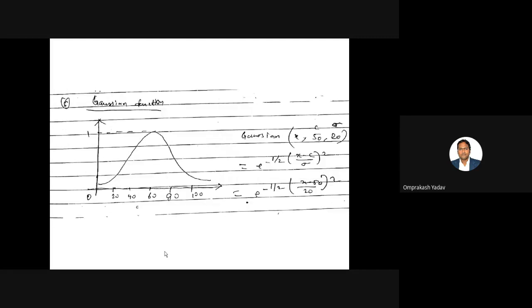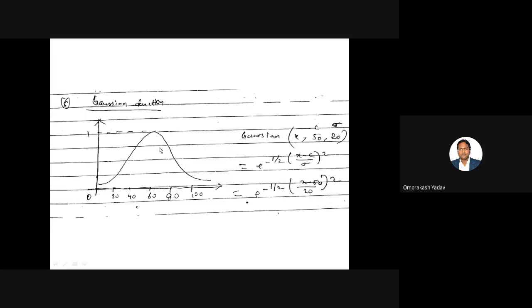So the fifth one, then the sixth one, this Gaussian. Write this Gaussian function. The equation is like this: e raised to minus 1 by 2 in bracket x minus c upon sigma, whole squared.